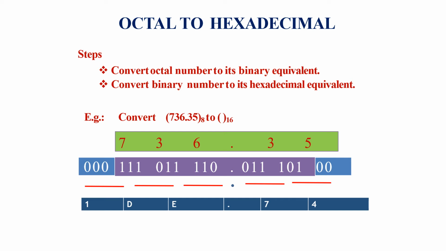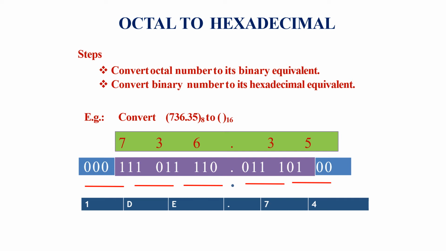So remaining 3 bits are pending here, and we can just add 3 zeros at the most significant end. Similarly here also 0, 1, 1 and this one. All these 4 bits as a group, and only 2 bits remain, so we can just add 2 more zeros at the least significant end.